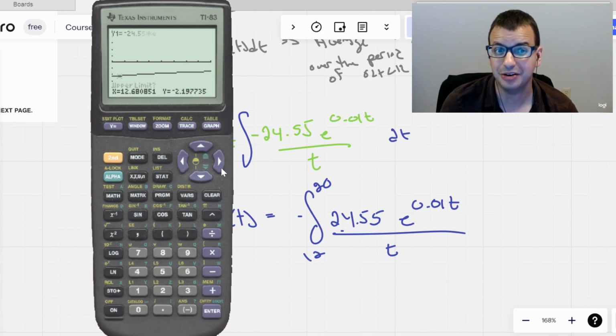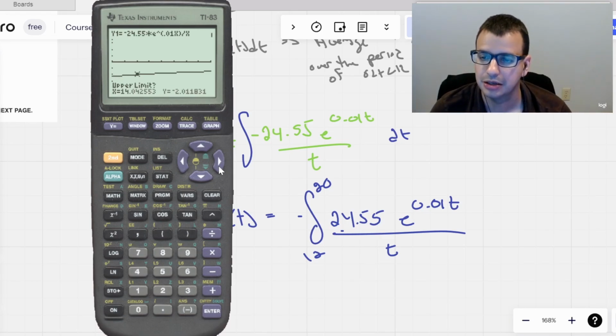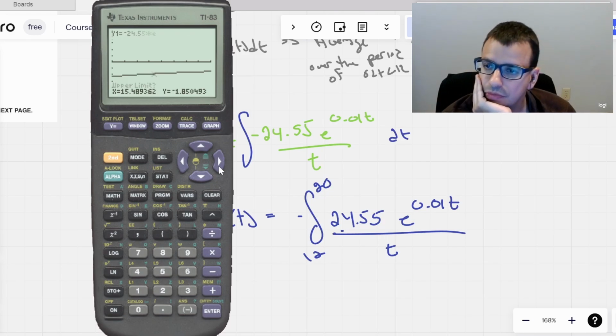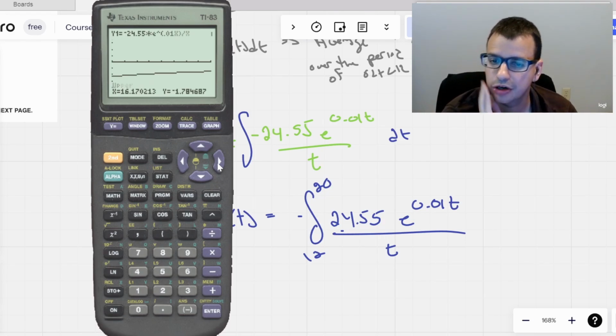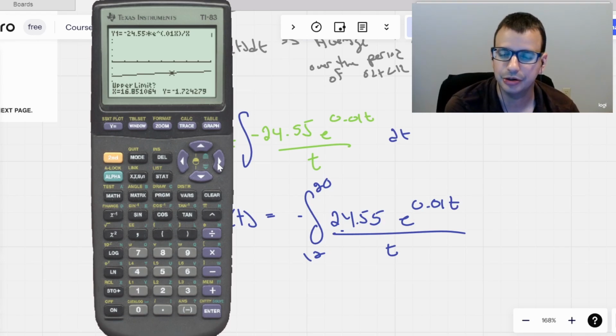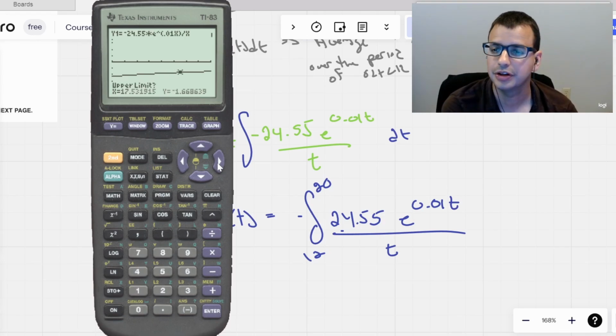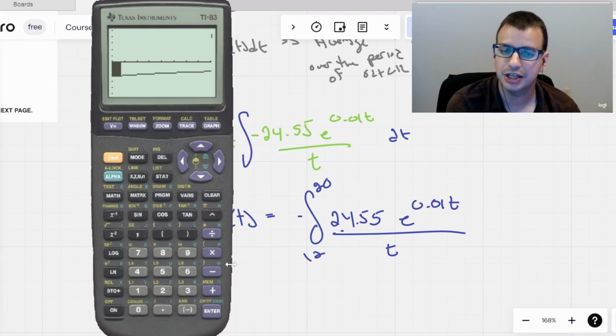This is probably making it the most accurate, but also the most tedious. Exceedingly tedious. Once this gets over, I should probably edit this out. I'm not going to, but I should. So we go 12 to 20. There we go. Click. It does the calculation.